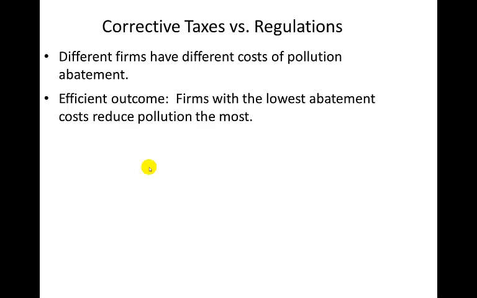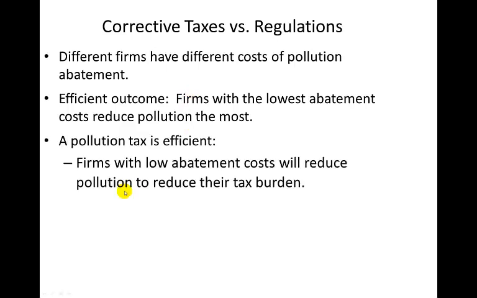So we want a certain quantity of pollution, and what economists would say is we want to get to this efficient quantity and at the same time impose as little cost to society as possible. And we can see a pollution tax is the most efficient way to do this. It is the way that will get us to the efficient quantity of pollution with the least harm to society.